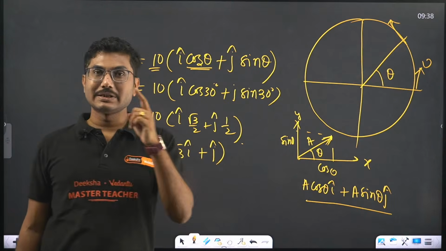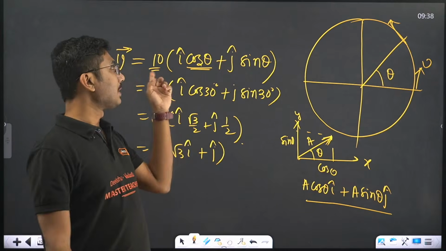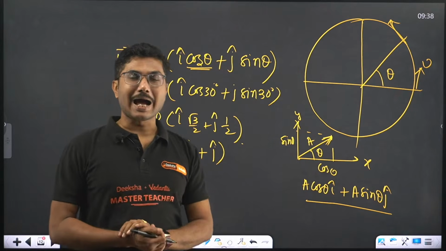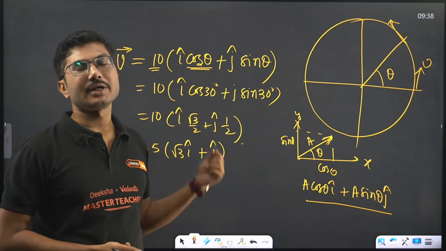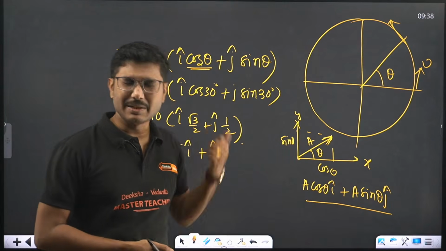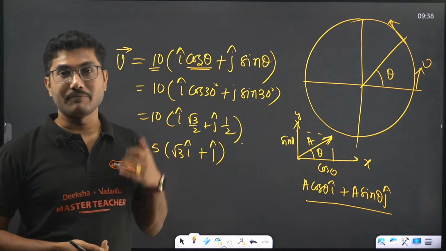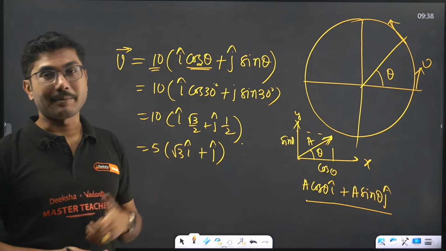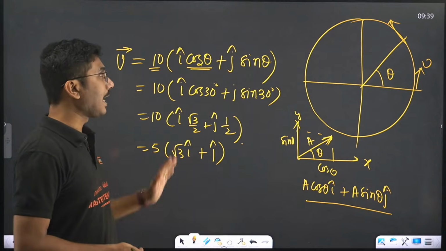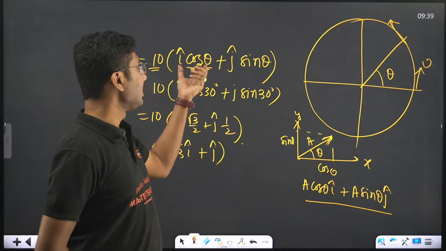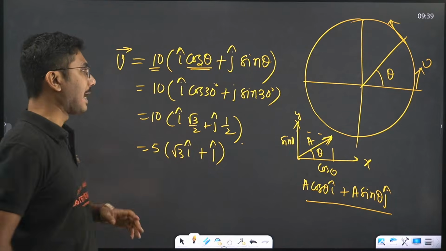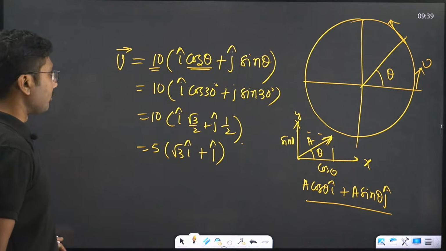Magnetic field was given in the k cap direction, so the velocity will have i and j cap. If the magnetic field is in the j cap direction, the velocity will be in the i and k cap directions. So remember this, and whatever direction is initially given will have the cos theta component. That is how you should think and solve.